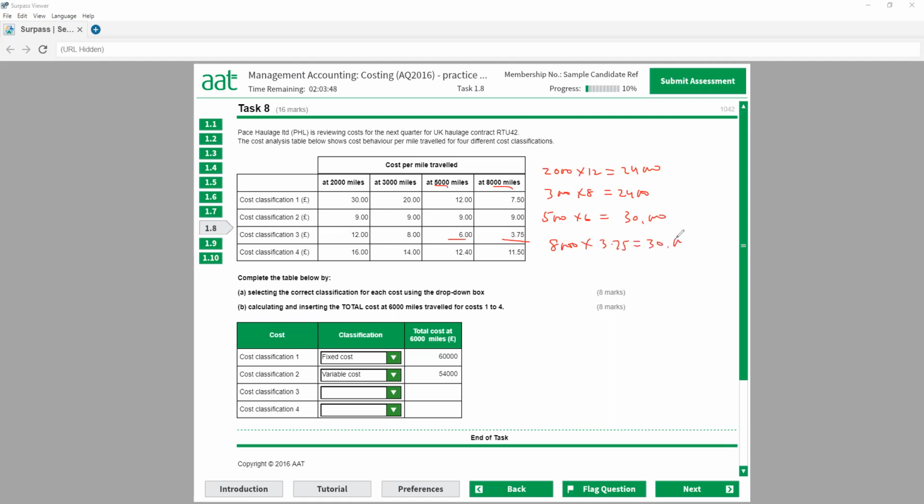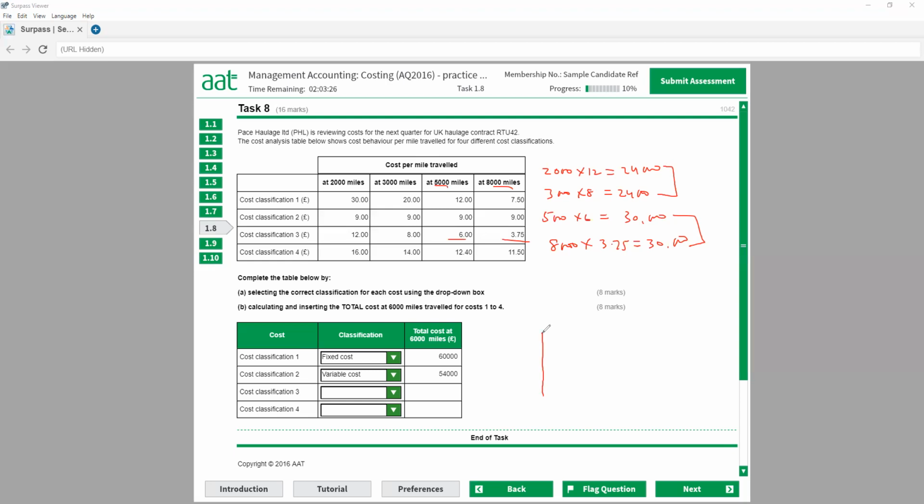So we can understand that up to a certain activity level the cost remains fixed, and after that it jumps to another fixed level. This is the definition of the step cost.